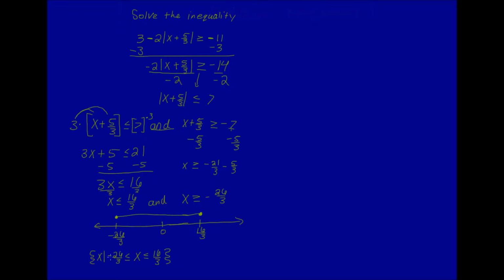And I just read the verbal to you. The verbal is x is less than or equal to 16 over 3, and x is greater than or equal to negative 26 over 3. So that's what you would write for your verbal.